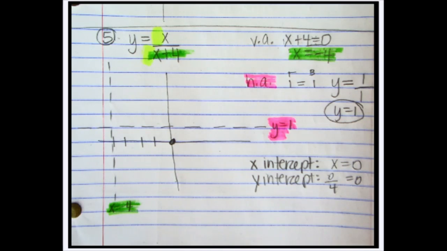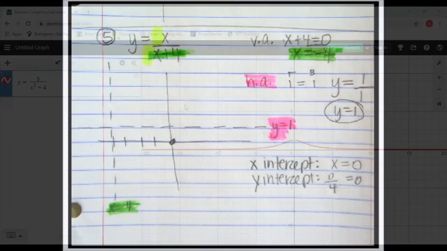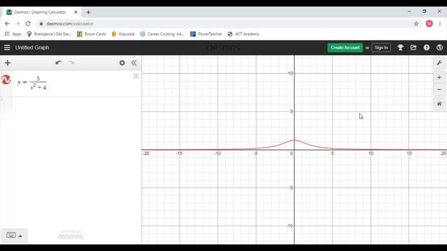Now, again, I would encourage you to be able to use a t-table, but in the interest of time, let's go ahead and look at Desmos. We want to have x over x plus 4.